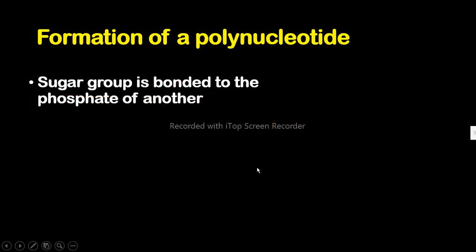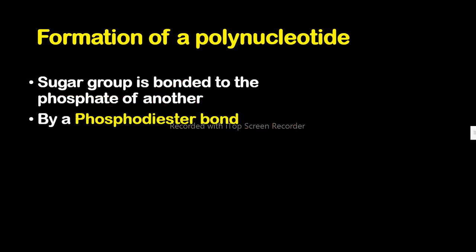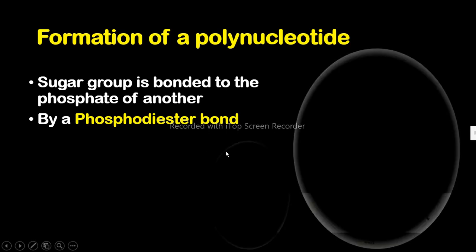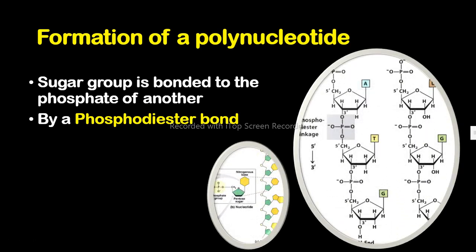So we can have a look at that. When the phosphate condenses with the OH on the carbon, you form a phosphodiester bond, and that phosphodiester bond is going to link these different nucleotides together. So you can have a look at this.